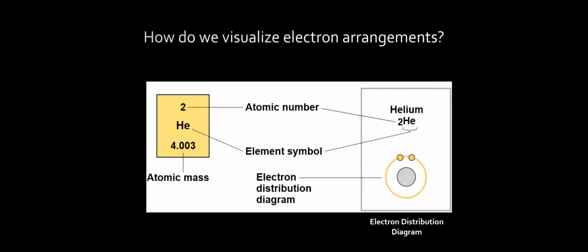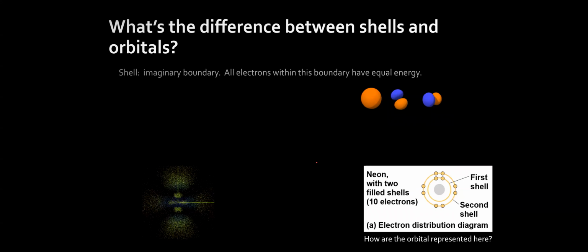Okay. So going back to the electron distribution diagrams now, let's define these words formally. The shell itself is this imaginary boundary, and all electrons within this boundary have the same amount of energy. Whereas the orbital is the actual three-dimensional trajectory of an electron within the shell. You can see here, this is the 1s orbital.